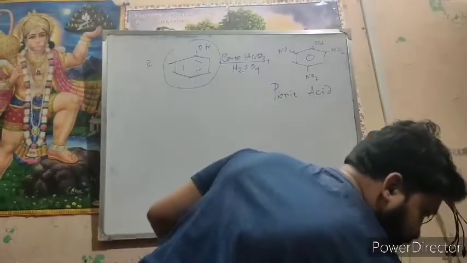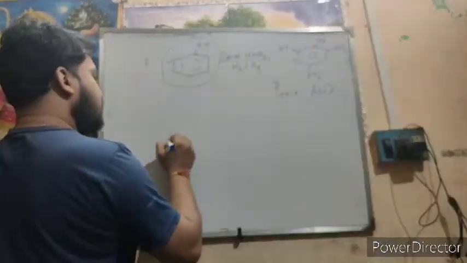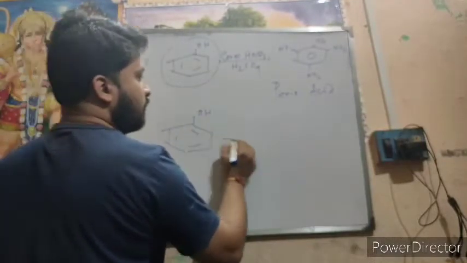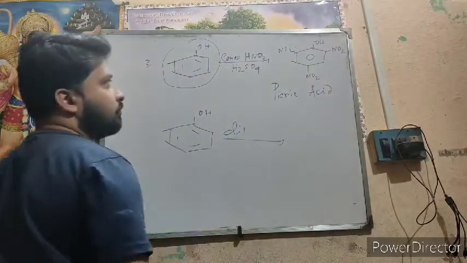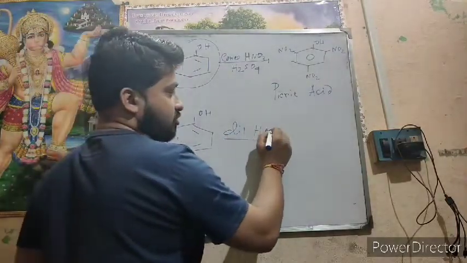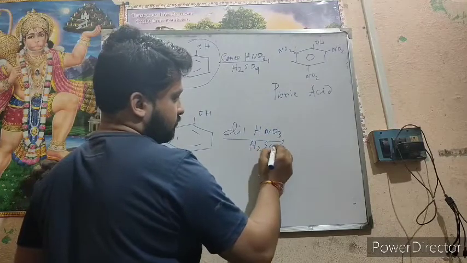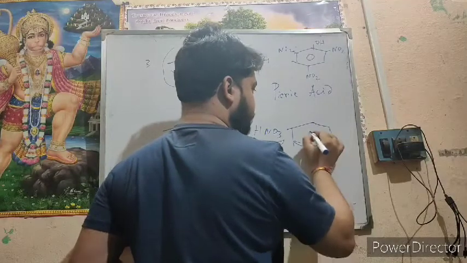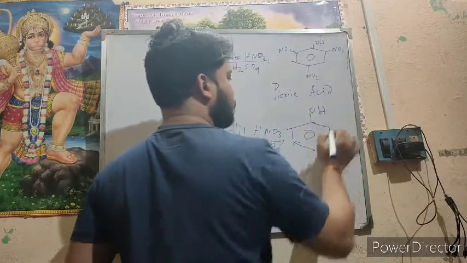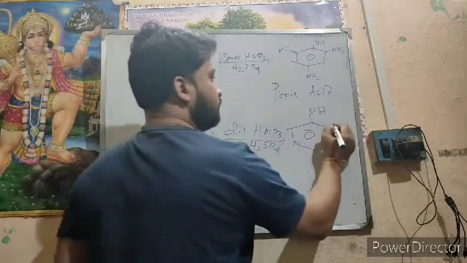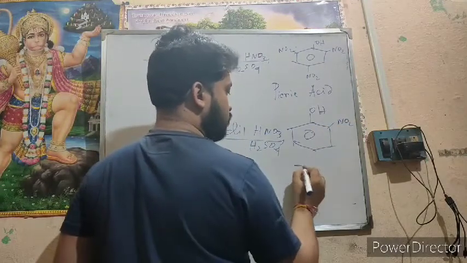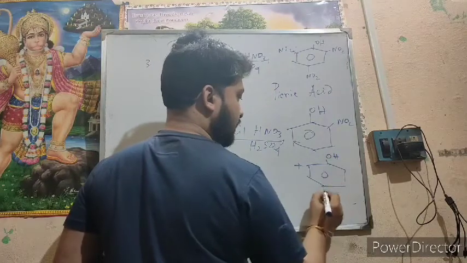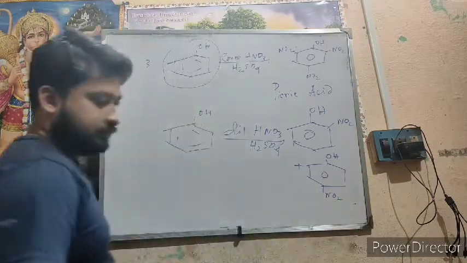Or if you react it with dilute, not concentrated, dilute HNO3 and H2SO4, you get two products: NO2 on the ortho position and NO2 on the para position.